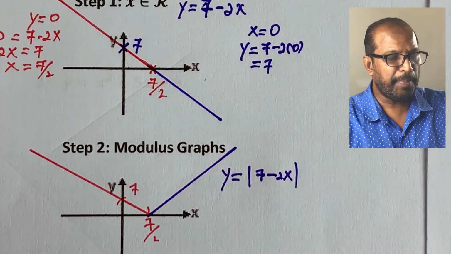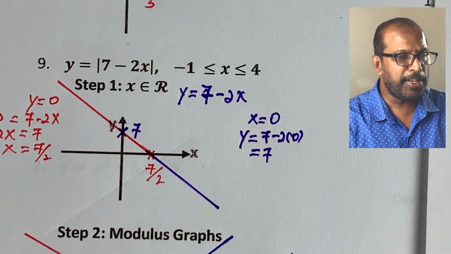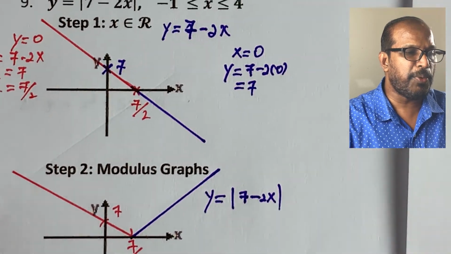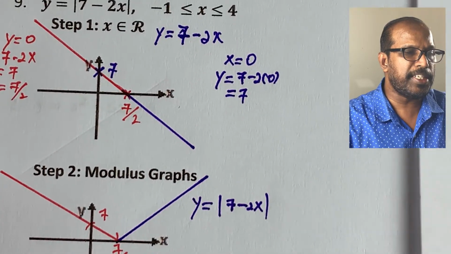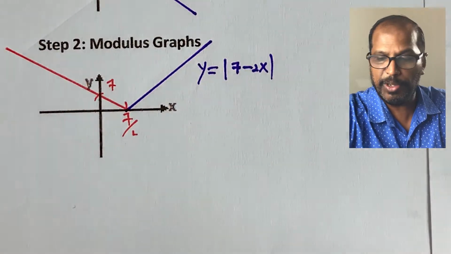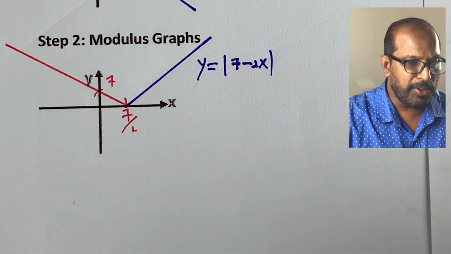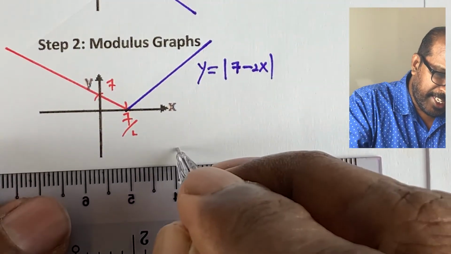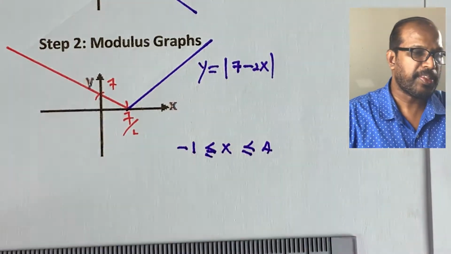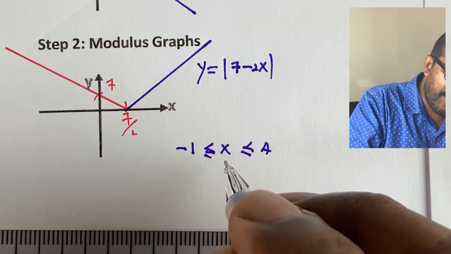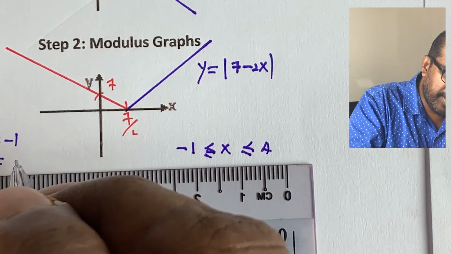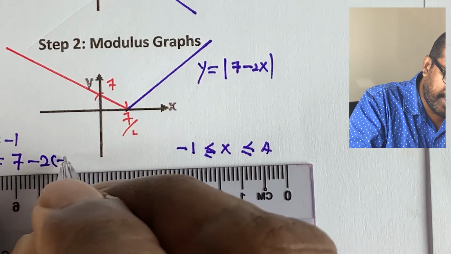Now we have another problem in this question: they have provided you the domain between -1 and 4. Since they provided -1 to 4, I'm now going to draw the graph between -1 and 4, and both values are included. That means x from -1 to 4 included. Now I'm going to take the value of y when x equals -1. So y equals modulus of 7 minus 2 times -1.